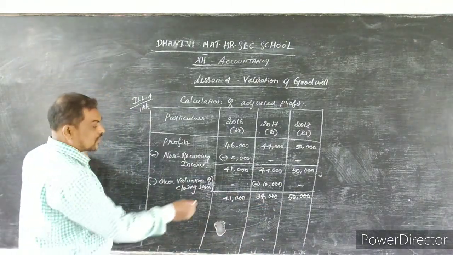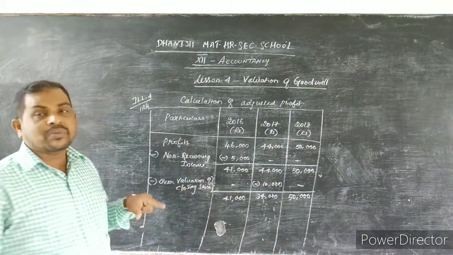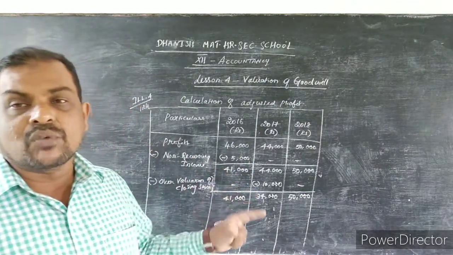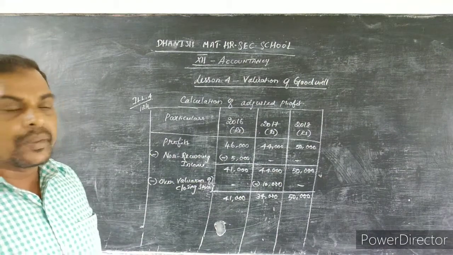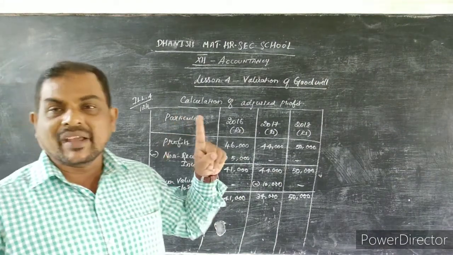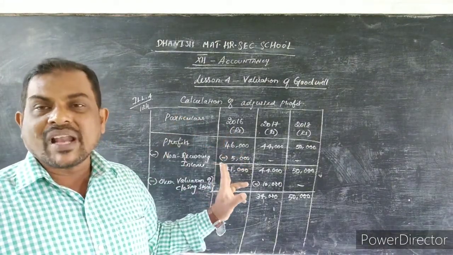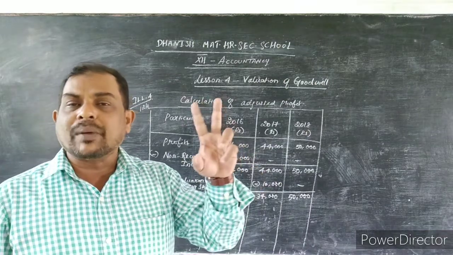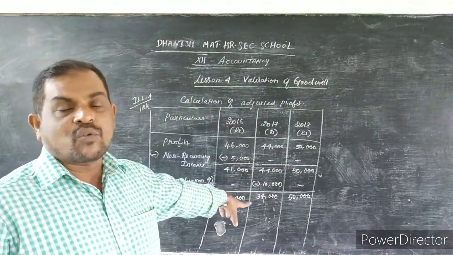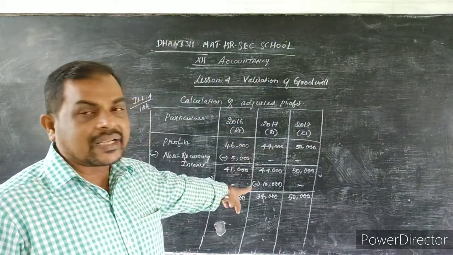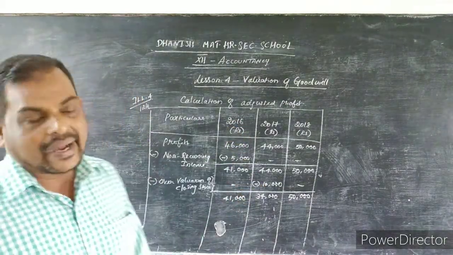Okay, these adjustments will be done in two places only for overvaluation of closing stock; other adjustments come in only one place. In the year they wrongly overvalued, you have to deduct, and in the next year you have to add.